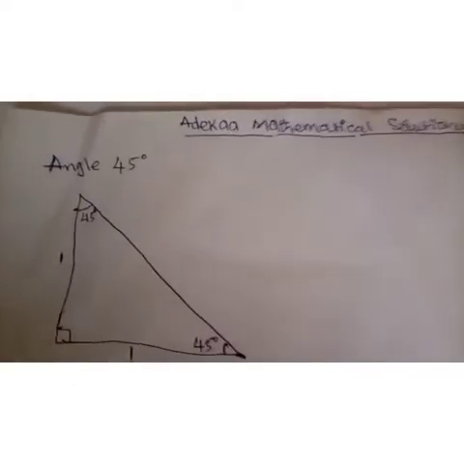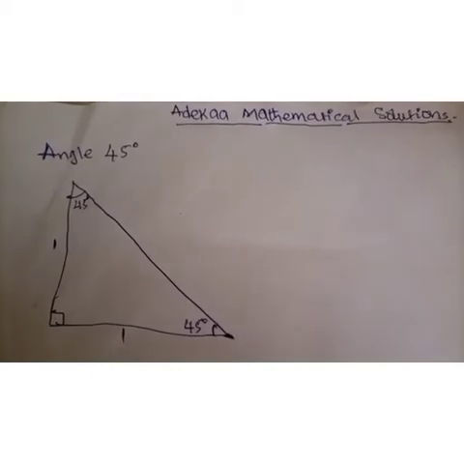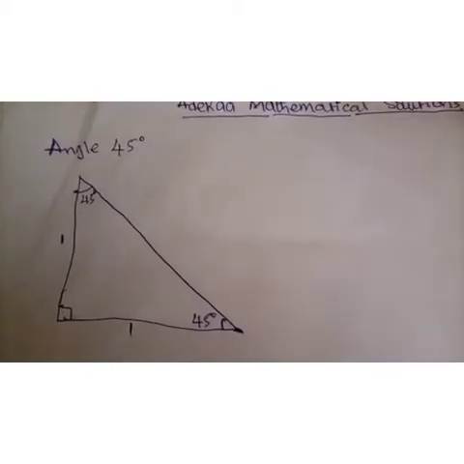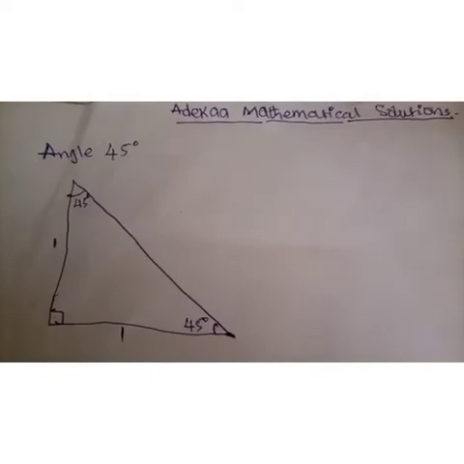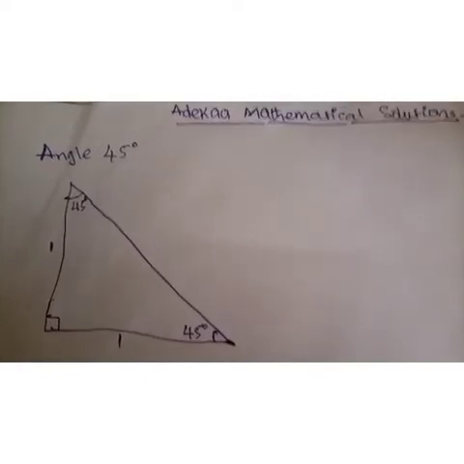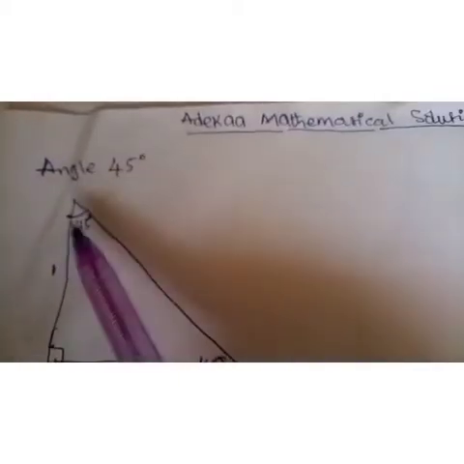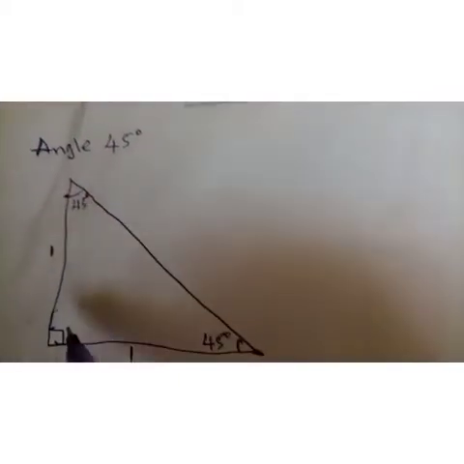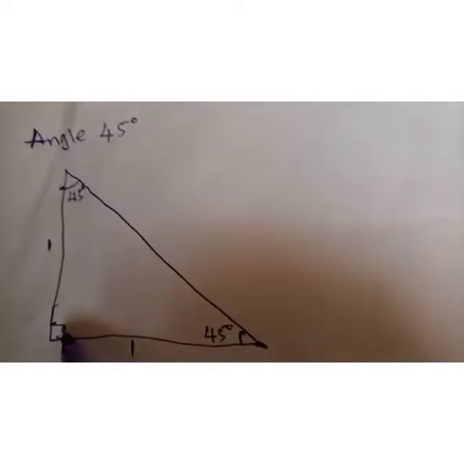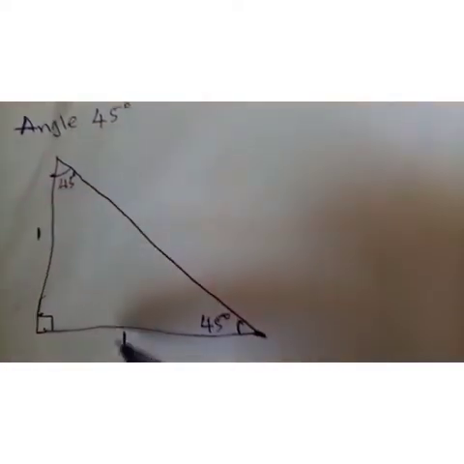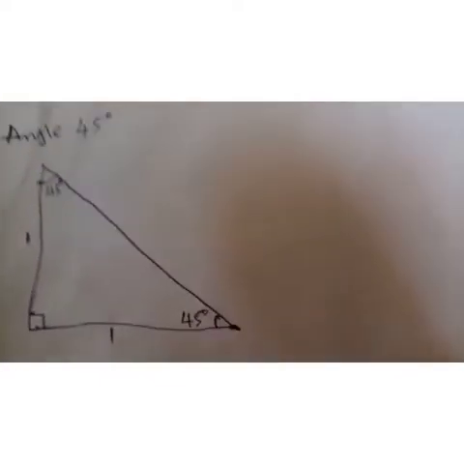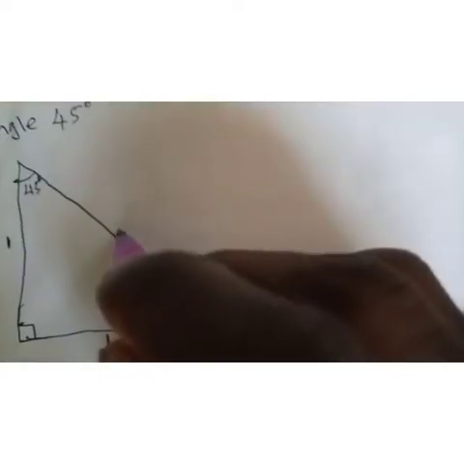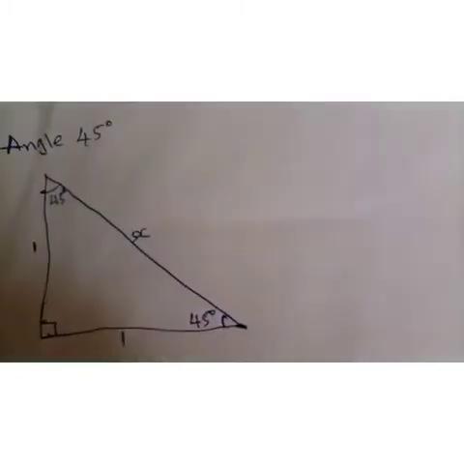If you can remember, I told you that the sum of angles in a triangle is equal to 180 degree. So when you sum this, 45 plus 45 is equal to 90, and this one here shows that it's angle 90 degree. So here the side is 1, here is 1. We are looking for this side, which is called the hypotenuse, and let's label it x.